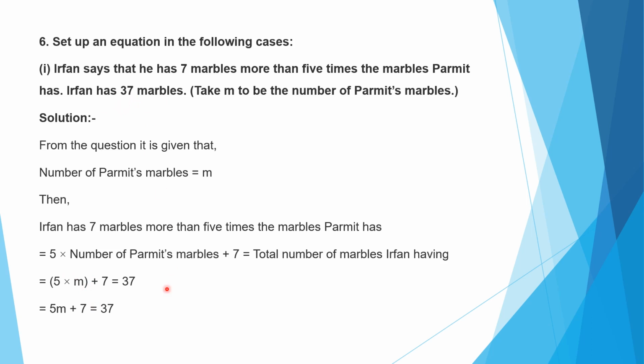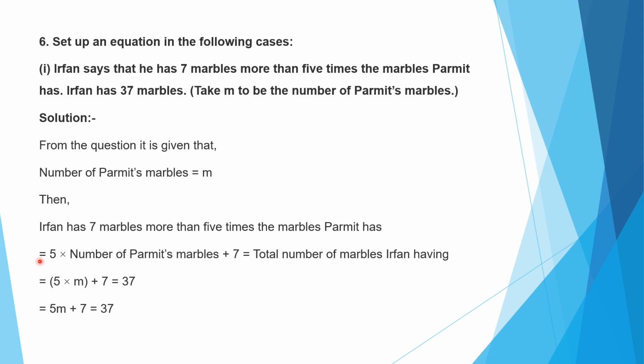Here they have told Irfan has 37 marbles, but how? 7 marbles more than 5 times the marbles of Parmit. 5 times is clear, and the number of Parmit's marbles we don't know. That's why we have taken it as m, right? And plus 7. Why plus 7? He says that he has 7 marbles more, right?